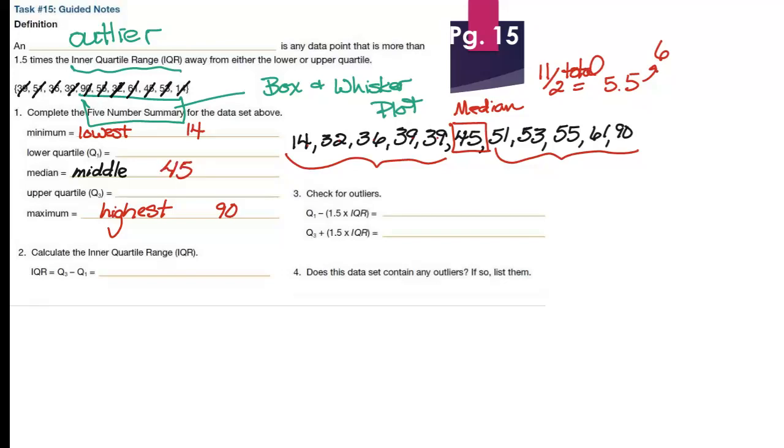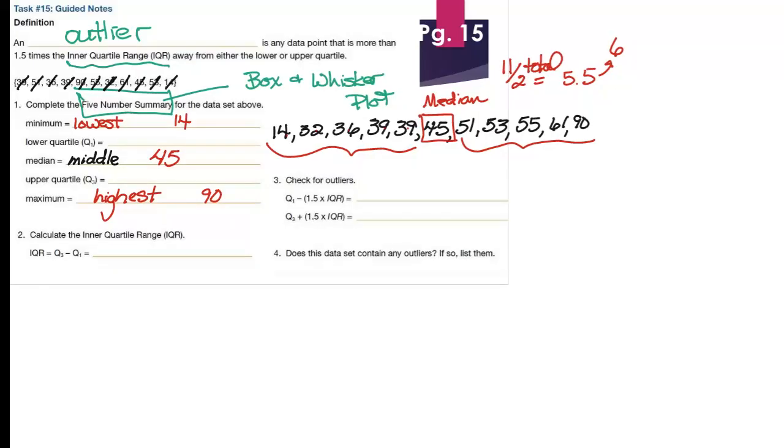The lower quartile. Does anybody know what the lower quartile means? No, not exactly. And I think that's my fault because I always think, but it's not. Let me back up. It is not the highest. The lower quartile is the median, no, of the lower half of data.